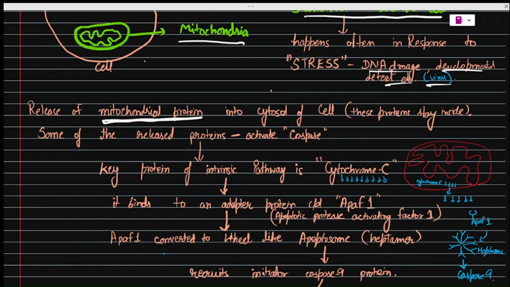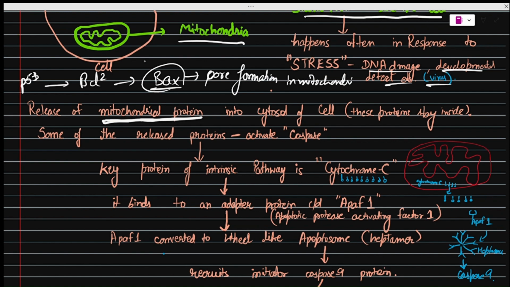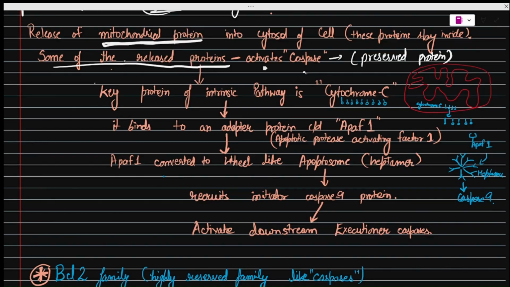As I told you, p53 will affect BCL2, and BCL2 will further activate BAX. This BAX will cause pore formation in mitochondria. Then caspases are activated, which are conserved proteins, and these caspases will go and help in apoptosis.